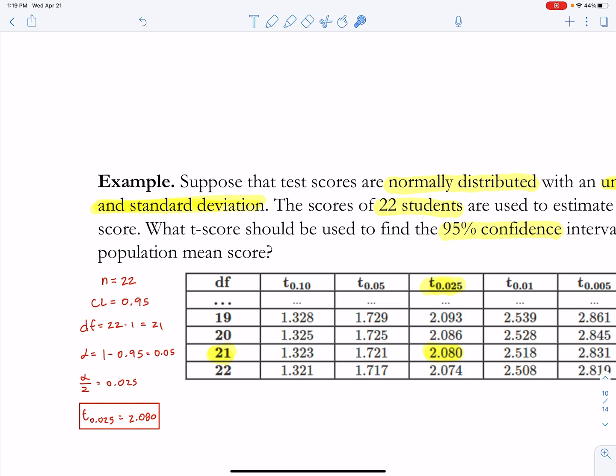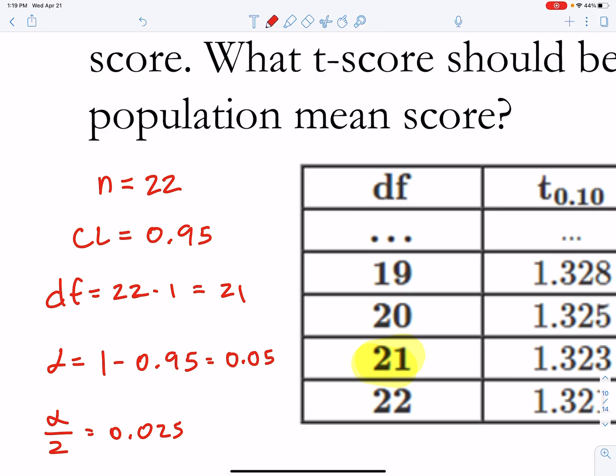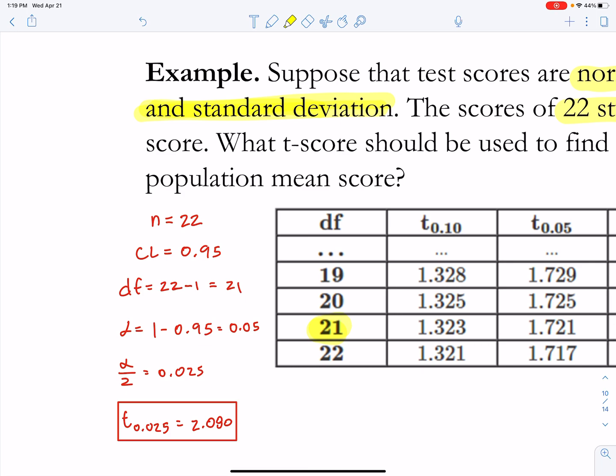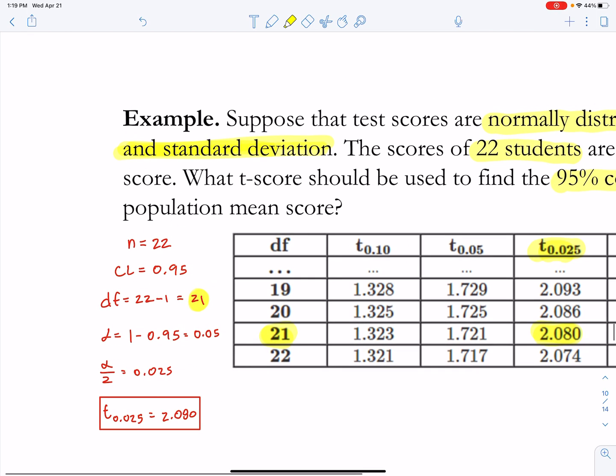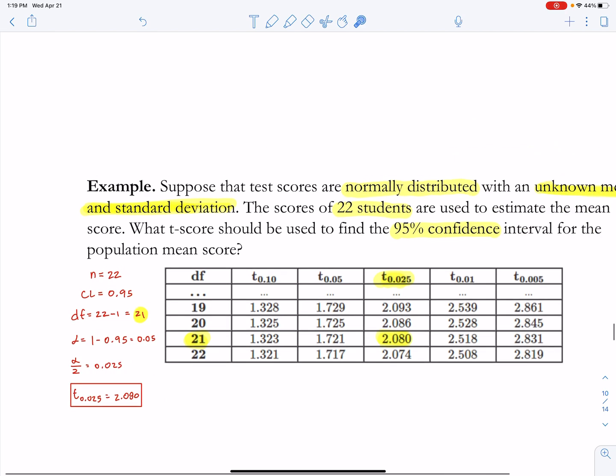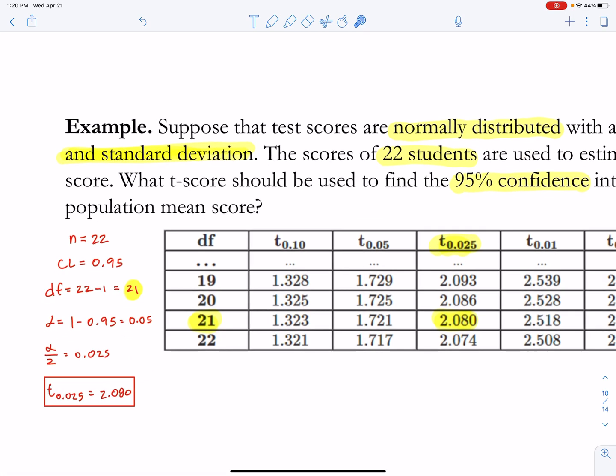Next step, I want to find my degrees of freedom. If you recall, your degrees of freedom was n minus 1. So I get a degree of freedom of 21. I'm going to highlight that. Next we need to find what our value is going to be for our t distribution or t-score.